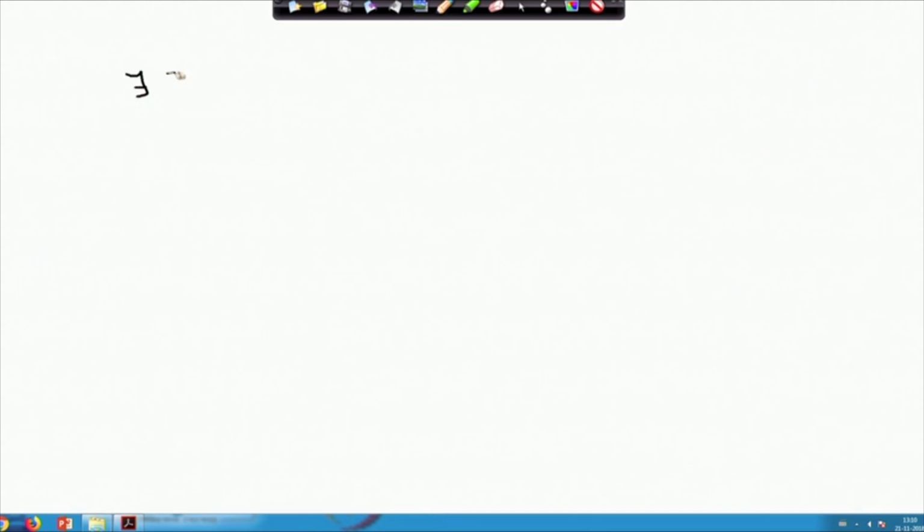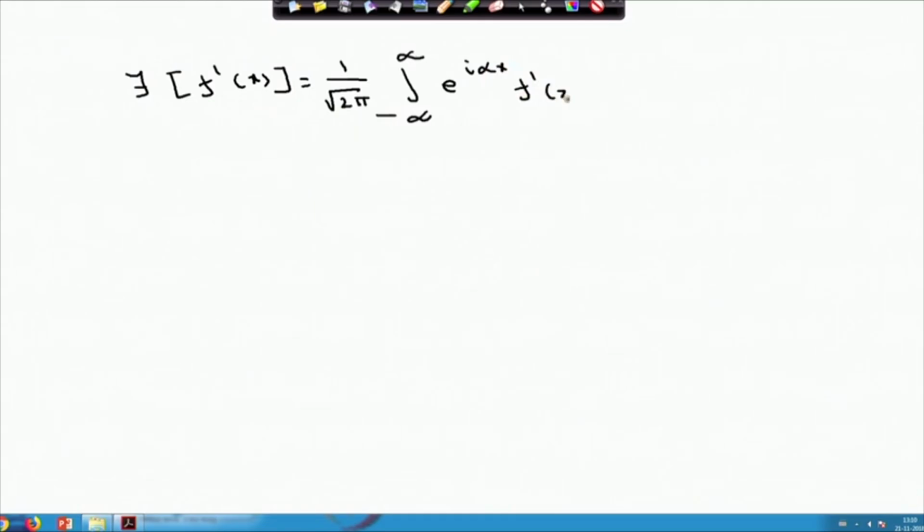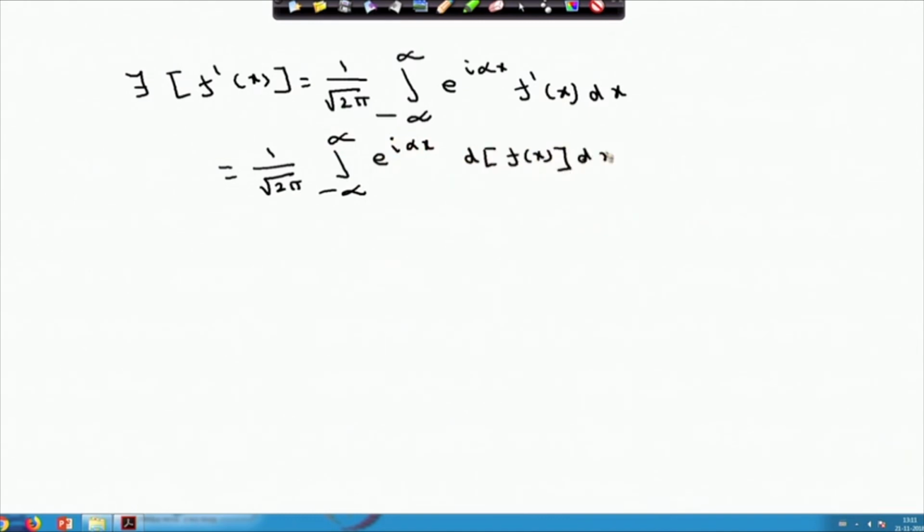I am starting with the left hand side, that is the Fourier transform of f'(x) equals 1 by root 2 pi, integral from minus infinity to infinity, e to the power i alpha x into f'(x) dx. You can write this as d of f(x), d of f(x) into dx.